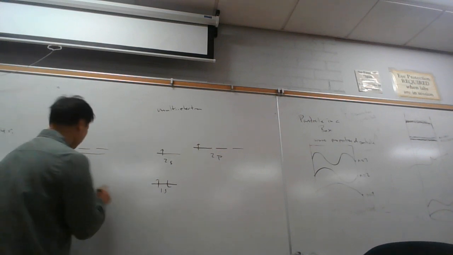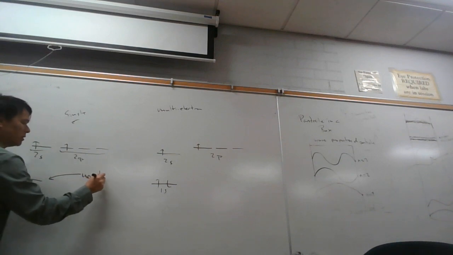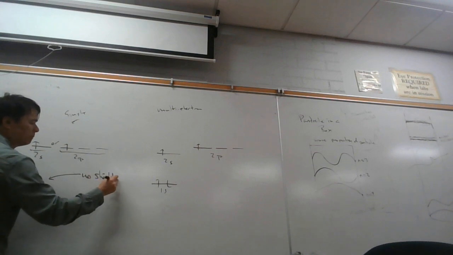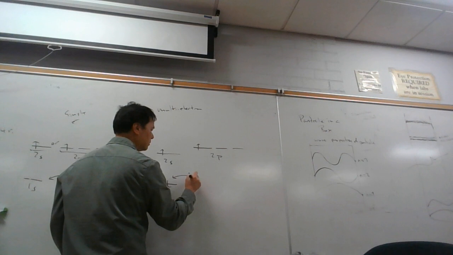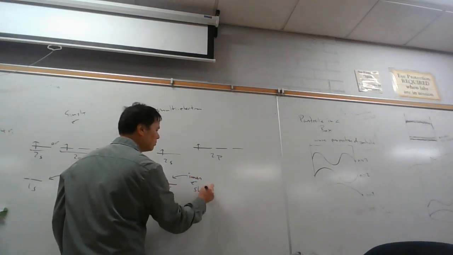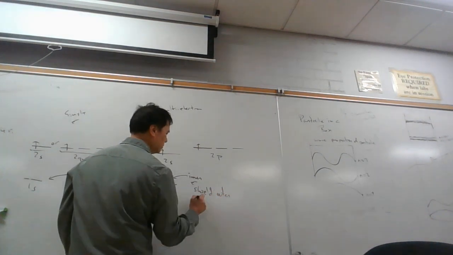There's no shielding here because there are no other electrons, and so I say 4 here. In multi-electron, these inner electrons shield the outer electrons from the nuclear charge.